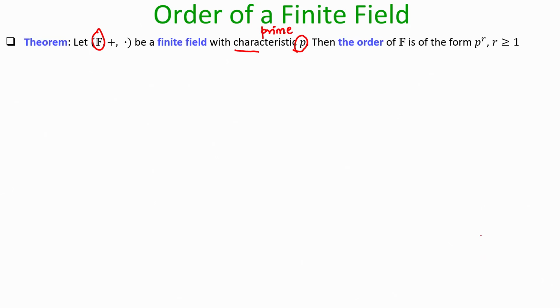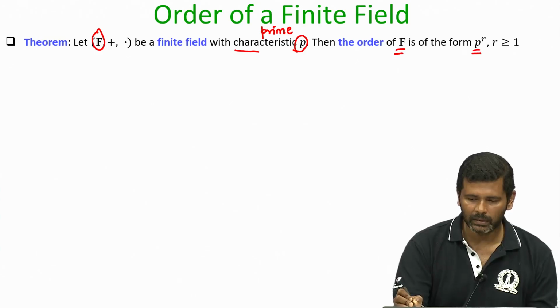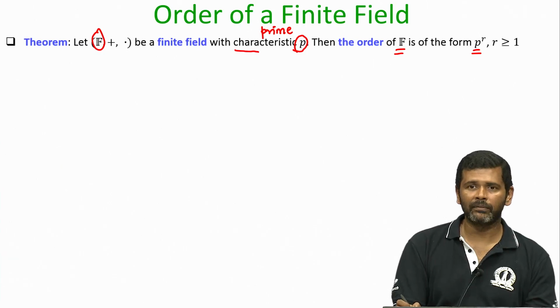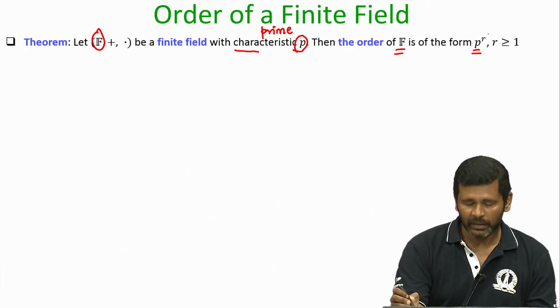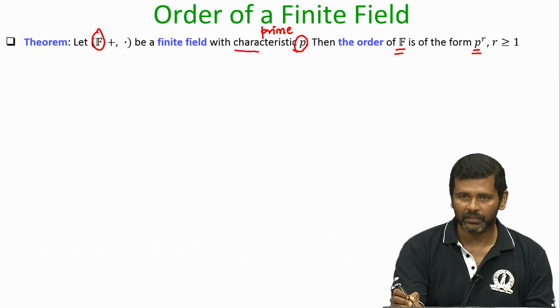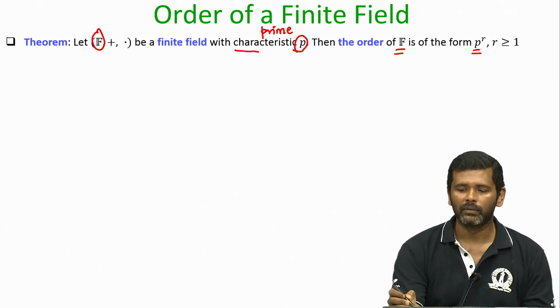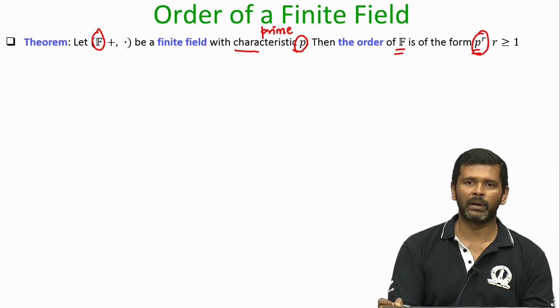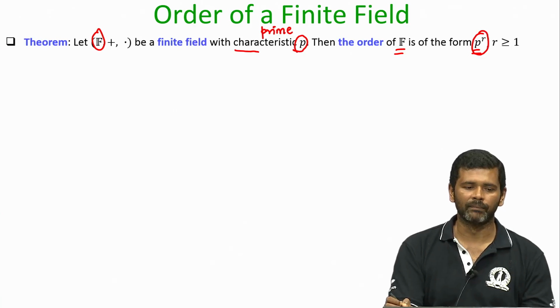What we can actually prove is that the number of elements in this field is of the form P to the power r, where r is greater than or equal to 1. That means you take any finite field, sorry, not prime field, any finite field, and the number of elements in the field will be of the form P to the power r, where P is a prime number and the characteristic of your field.